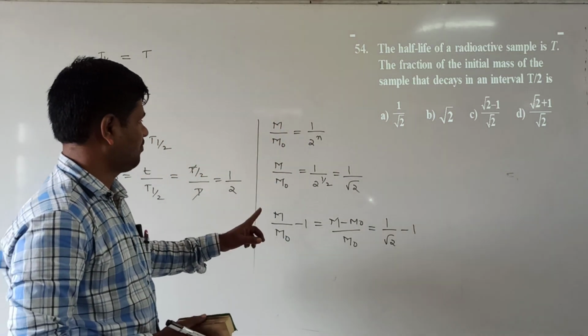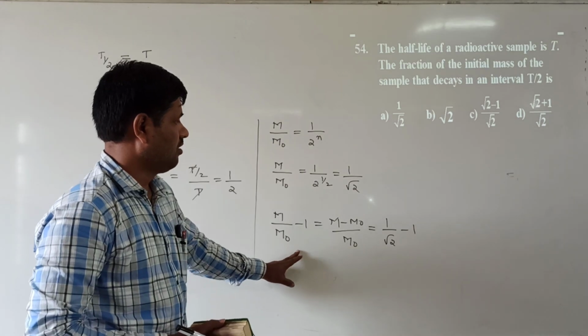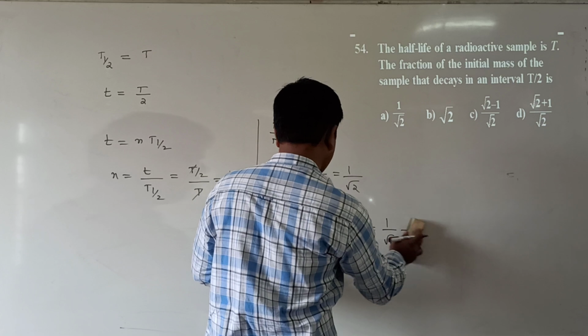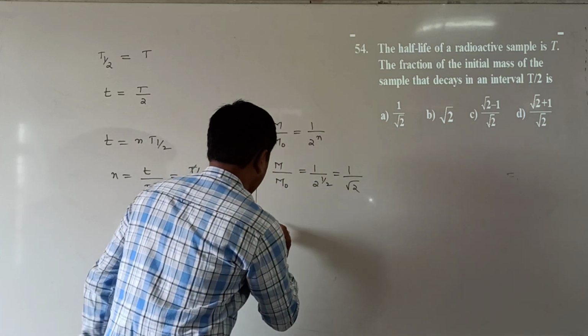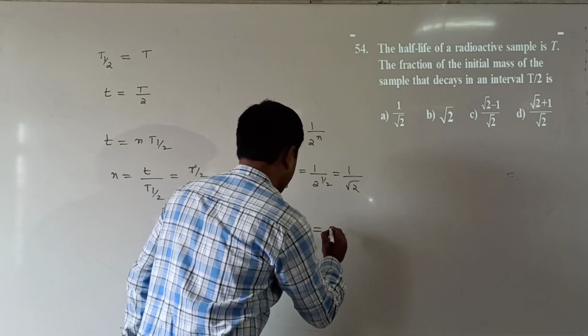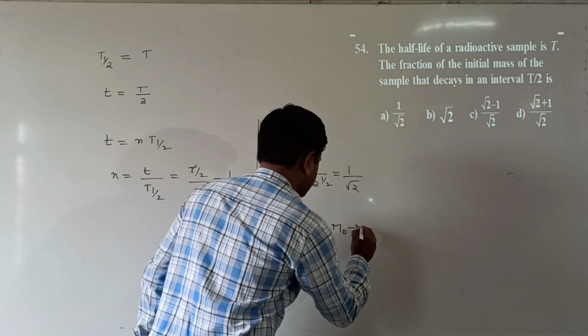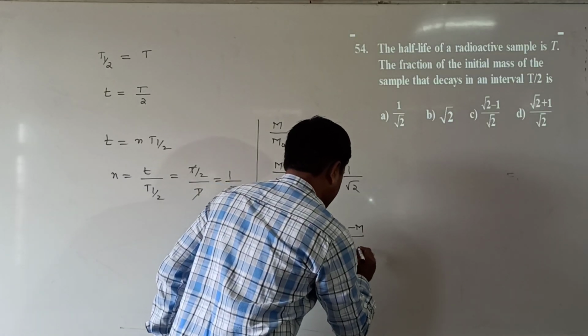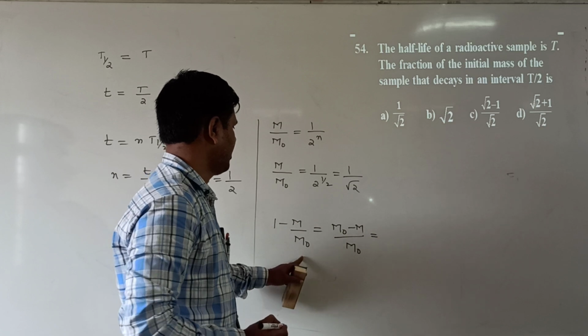Which fraction is being asked here? We have to find 1 minus m by m naught, which means initial mass minus final mass by initial mass, that is m naught minus m by m naught.